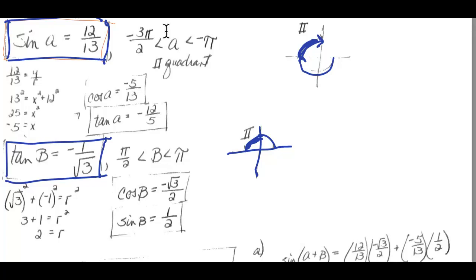That was our definition for that. So I'm plugging back into the equation x squared plus y squared is equal to r squared. That's the second part here. Doing that, 13 squared equals x squared plus 12 squared. So I end up with 25 equals x squared.